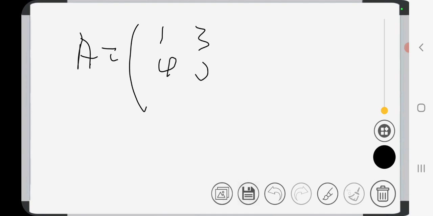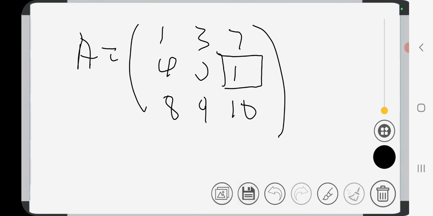Now let's do another example. Let's say I have matrix A equal to 1, 4, 3, 0, 7, 1, 8, 9 and 10, and the question says we should find the address of this particular element. Now for us to find the address of this element, we first of all draw a horizontal line, and this horizontal line is on the second row, so you write it as R2, and we draw this vertical line.